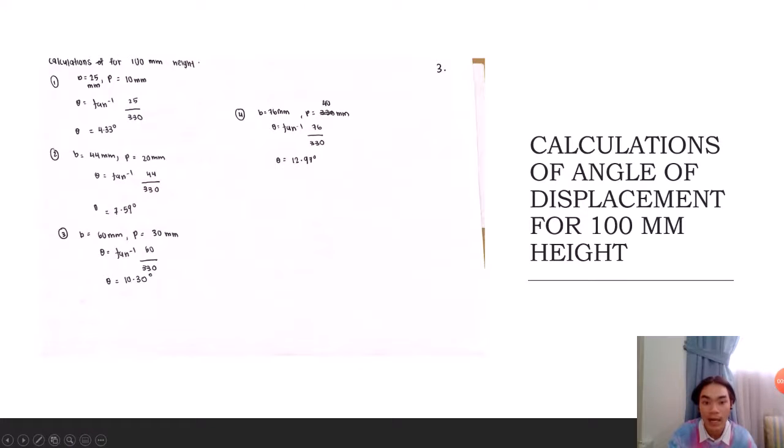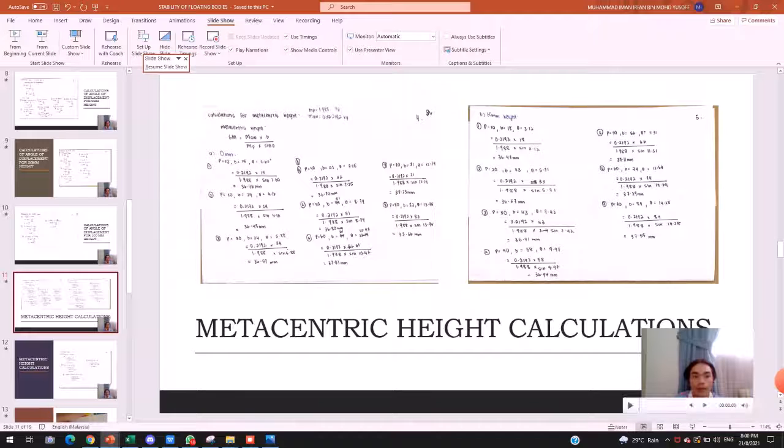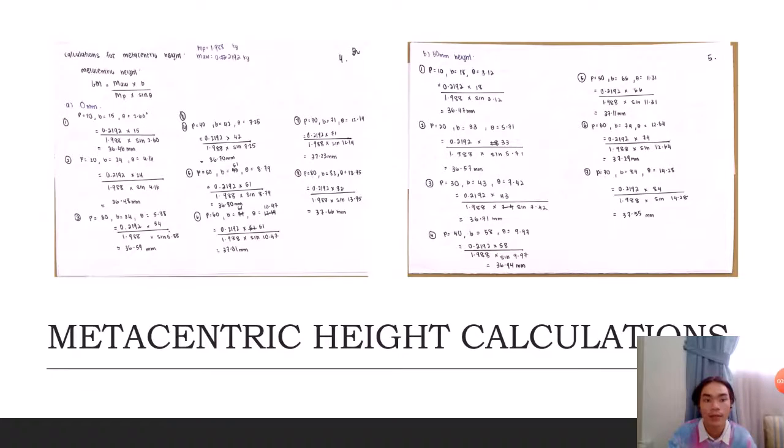For 100 millimeter height, this is the way of calculating metacentric height, where GM is equal to MAW times B divided by MP times sine theta. So let's look at example number 1 here, where the parameter is 10 millimeters, displacement is 15, and the angle is 2.6 degrees.